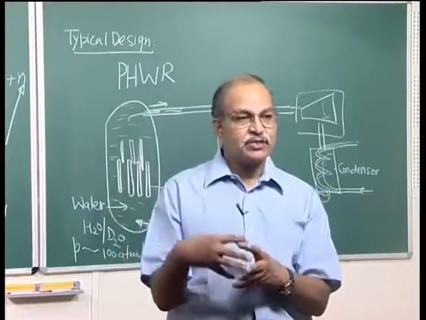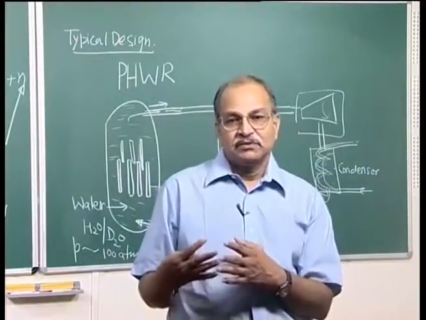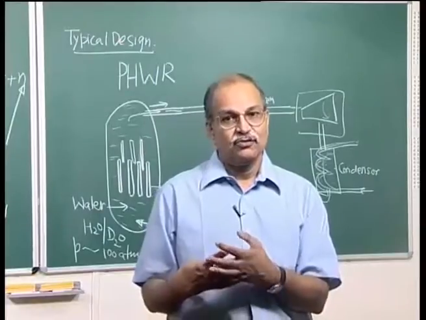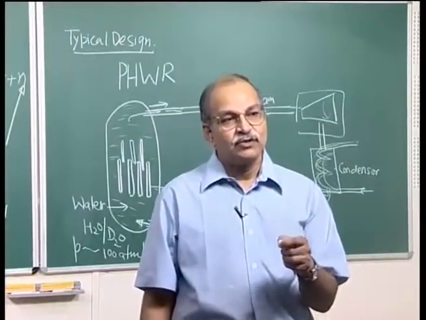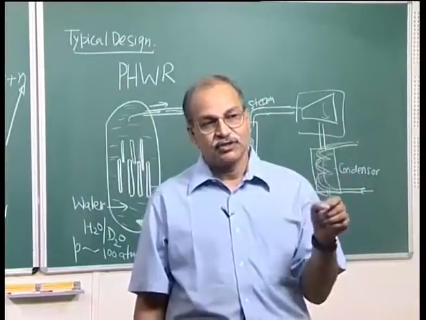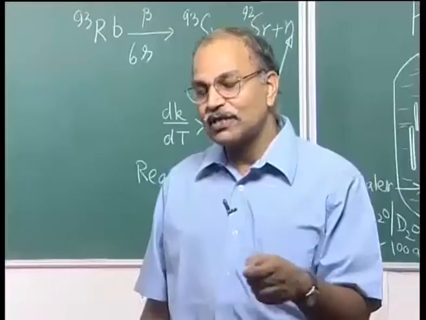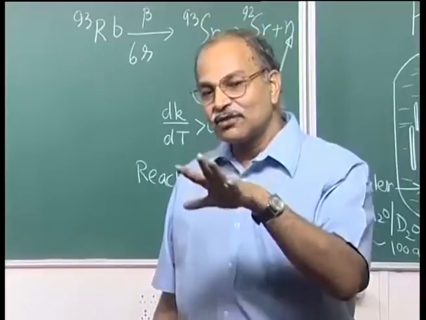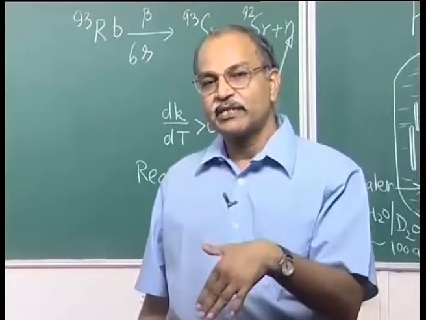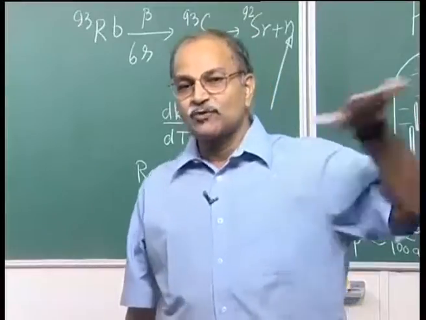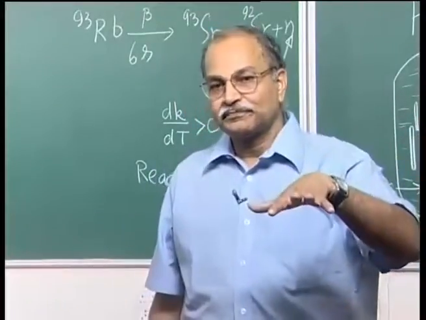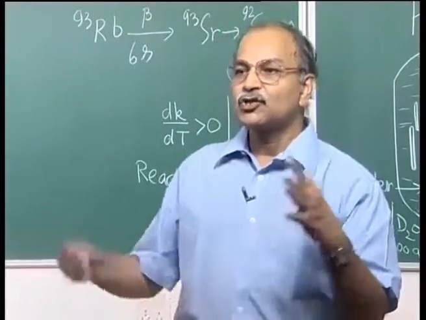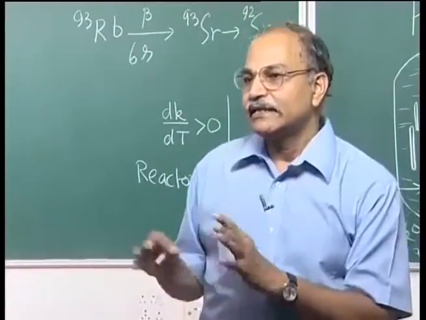But if heavy water is used as moderator, then that absorption cross section for neutron is small, although deuteron can also absorb neutron to make triton, 3H, and worse, it is radioactive. Deuteron is not radioactive, this triton is radioactive. But then the cross sections are small, the probability of that absorption is much smaller than the probability of proton absorbing a neutron and making deuteron. So, with heavy water as moderator and coolant, one can use natural uranium without enrichment.